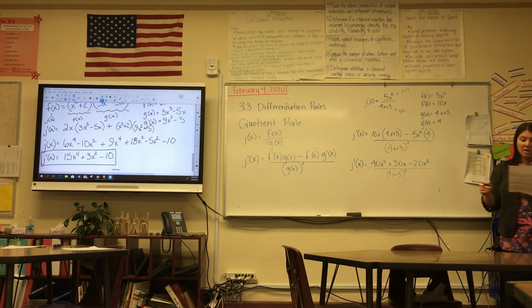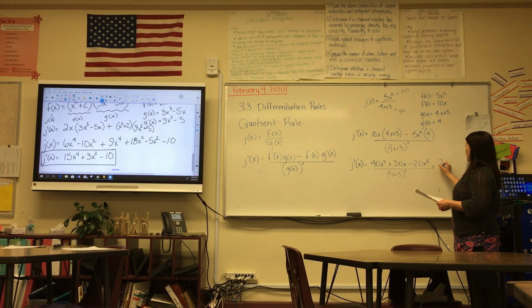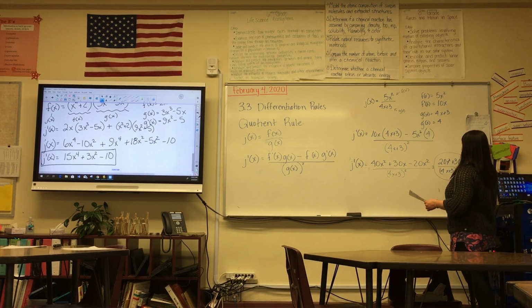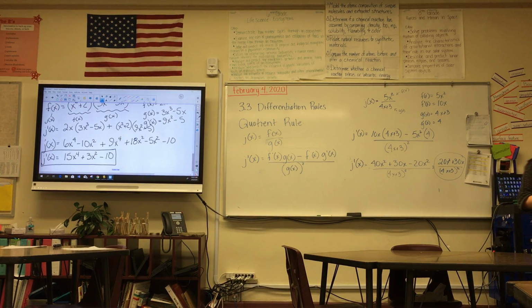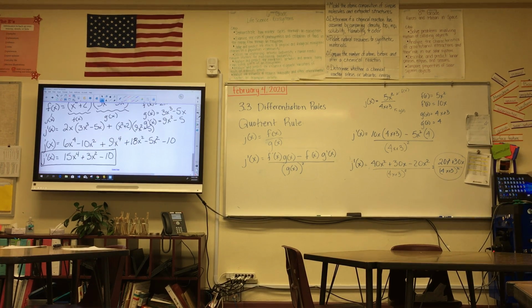And then I combined these like terms, so 40x squared minus 20x squared is 20x squared plus 30x over 4x plus 3 squared. And then I went the rest of the way down the rabbit hole and I pulled out the 10x, hoping that I would get something that canceled, but it never did. So it never got any simpler than that, so I left it like that.